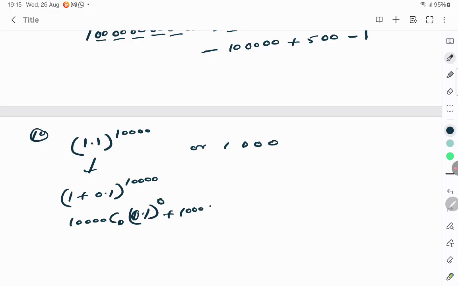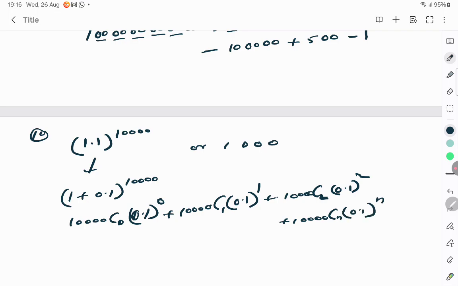Plus 10,000 C 1, 0.1 to the power 1. Plus 10,000 C 2, 0.1 to the power 2. Because 1 can be ignored, and everything is positive, the general term is 10,000 C n, 0.1 to the power n.